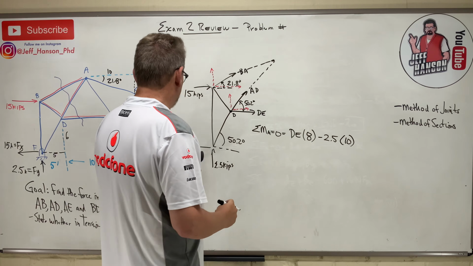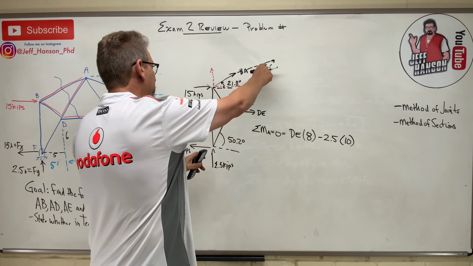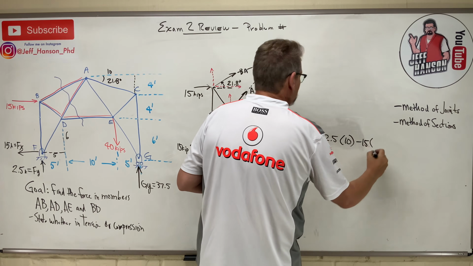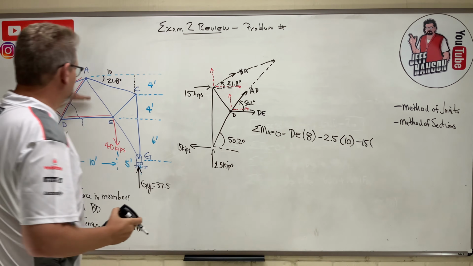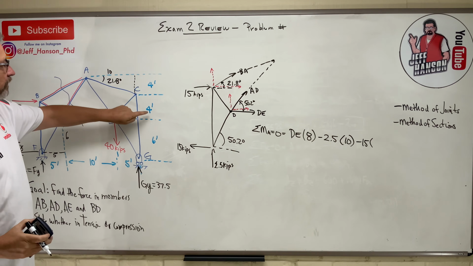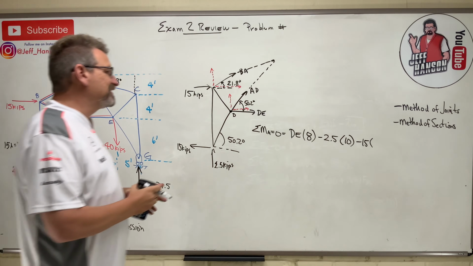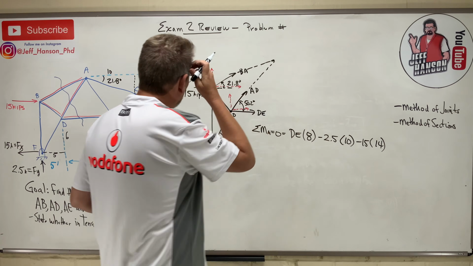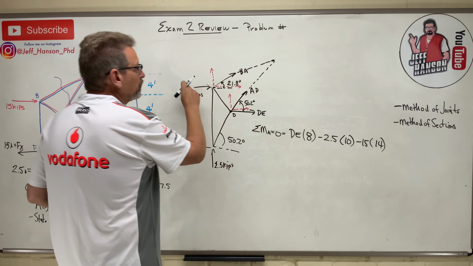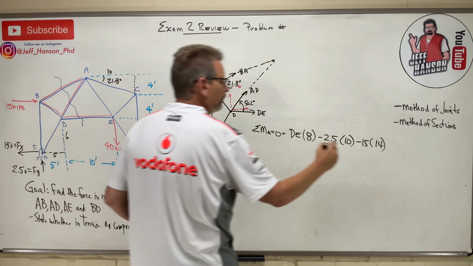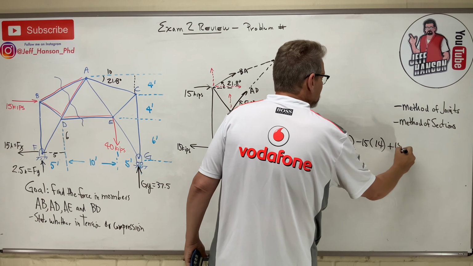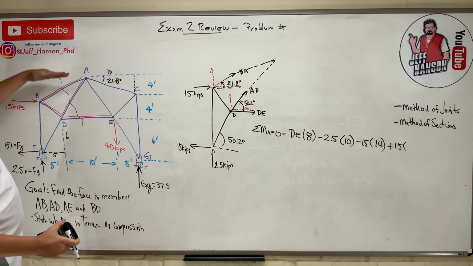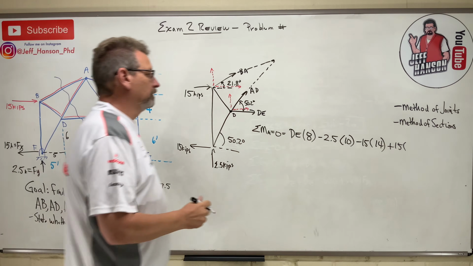And then the 15 rotates me also negative, minus 15 times that distance, which is 6 plus 4 is 10 plus another 4 is 14. And then the other 15, which rotates positive, so plus 15 times how far is that from here up to A, which is 4.